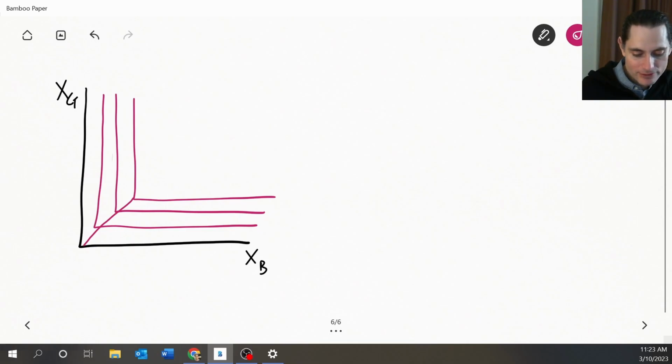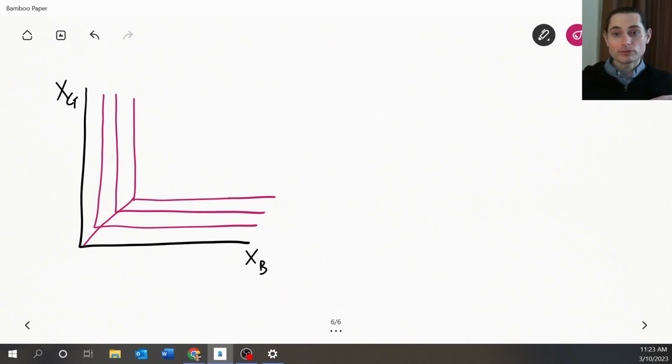And if I have more butter, so suppose this is 3, 3. So it's 3 guns and 3 butters. If I have 10 butters and 3 guns, that's no better for me than if I had 3 guns and 3 butters. So there's no reason to add additional goods. You just want to have exactly the same number of both goods, and it's useless to have more of one good than the other.